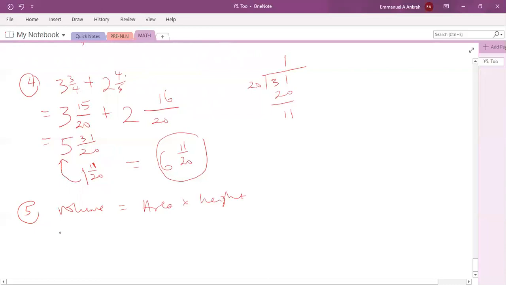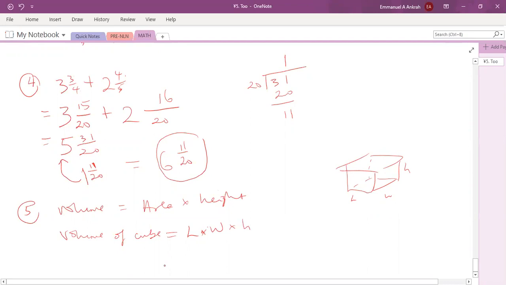So if I have a cube, the area, which is the base area, is the length times the width. So this length times the width. And then times the height. So length times width times height will be the volume of the cube.